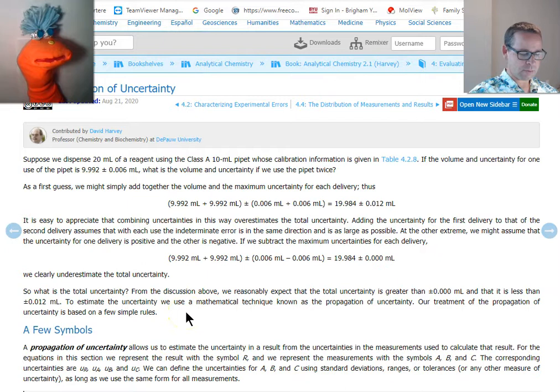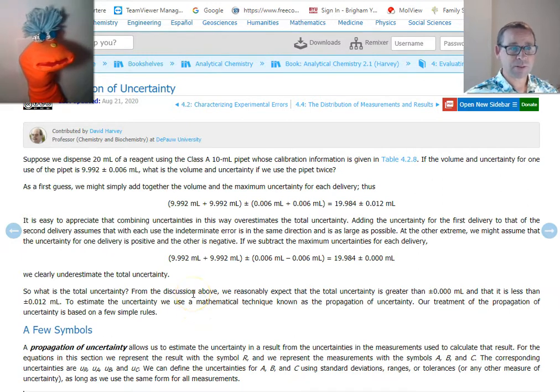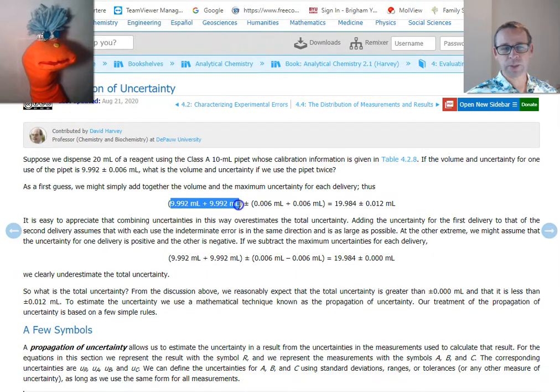Now, what if I have errors on multiple measurements, and I need to combine those measurements and decide what the resulting error is? For example, I measure out 9.92 milliliters plus an additional 9.92 milliliters.